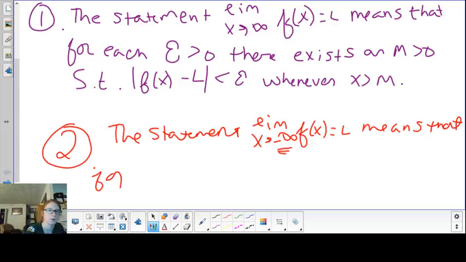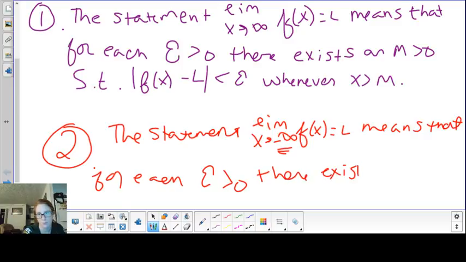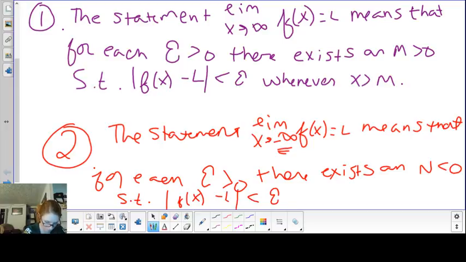So for each epsilon greater than 0, there exists an N less than 0 such that the absolute value of f of x minus L is less than epsilon whenever x is less than N. So essentially what that's saying is when I take the limit as we go to positive infinity, eventually some x value will be larger than it.